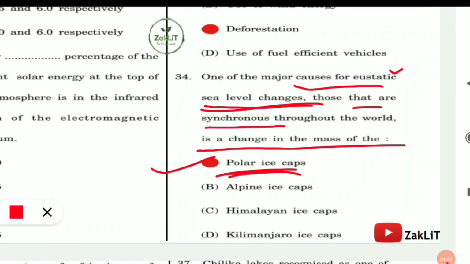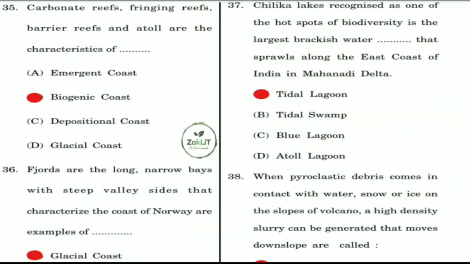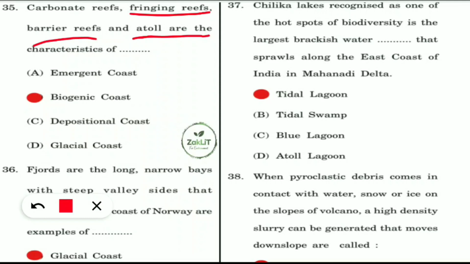Let's move on to the next question. Carbonate reefs, fringing reefs, barrier reefs and atoll, atoll is also a kind of reef, are the characteristic of what kind of coast? Here the coast name you should also remember. The coast name is biogenic coast.